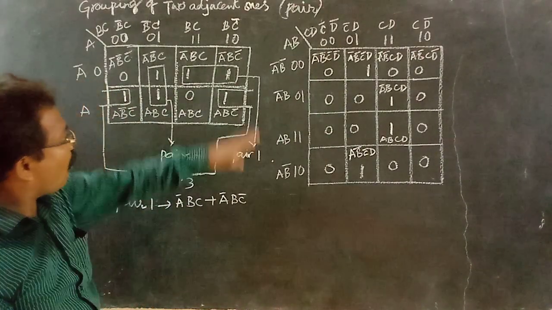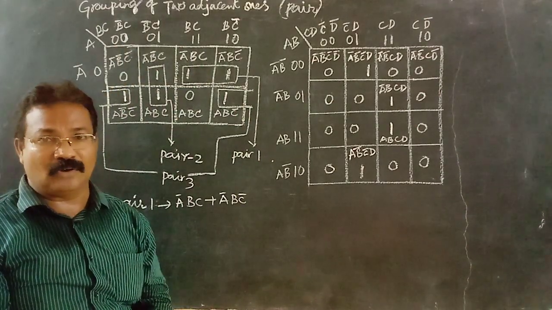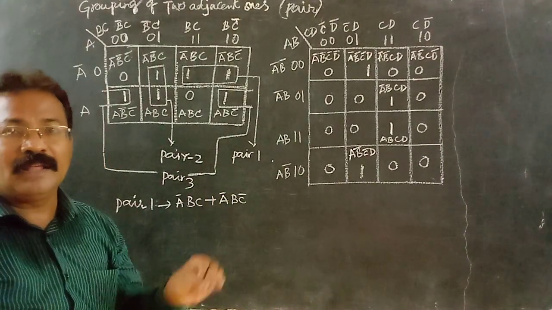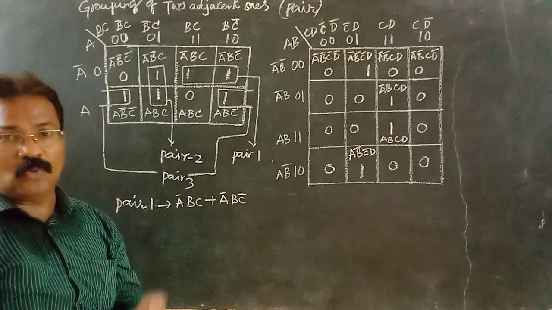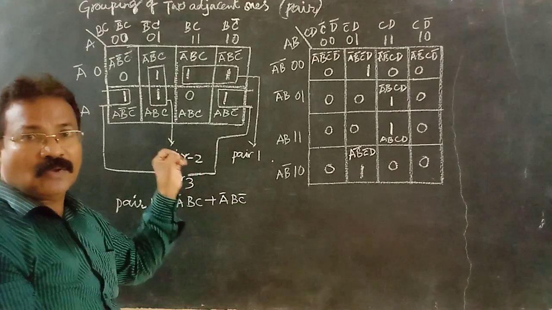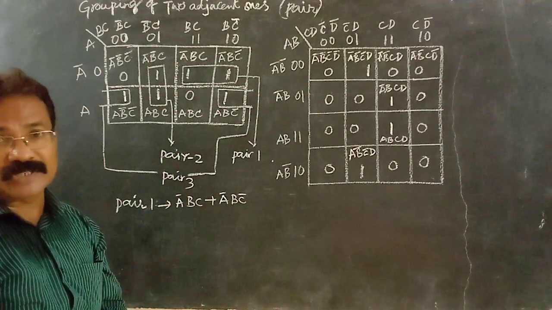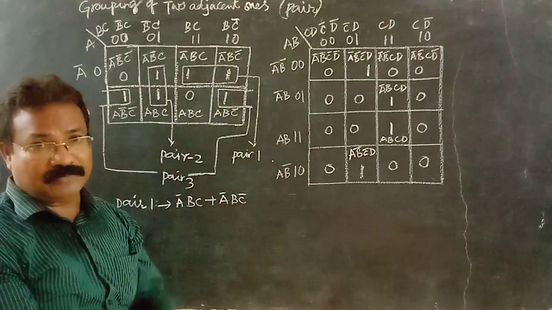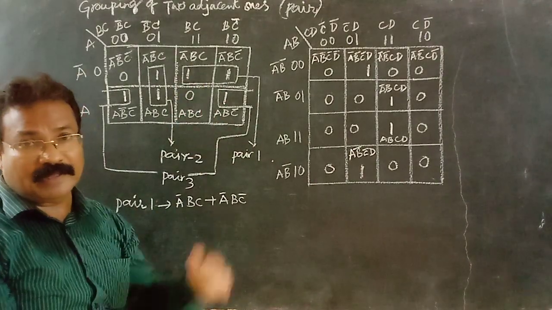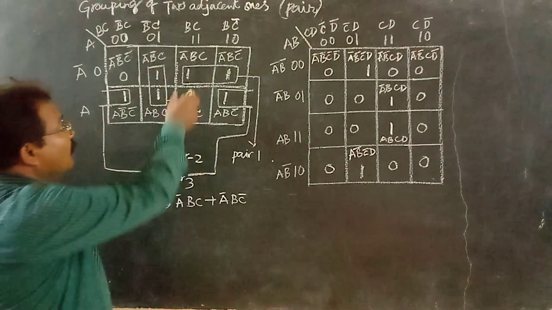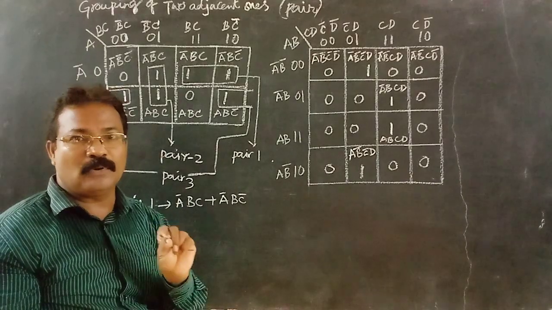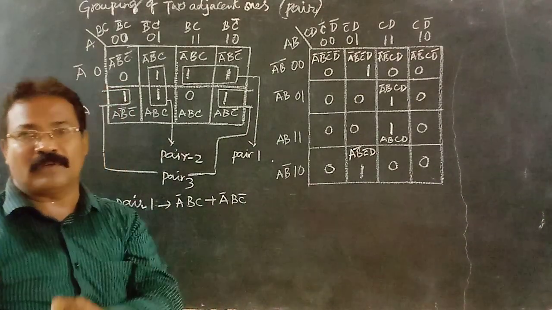Because all this arrangement of minterms in K-map is similar to the Gray code format, only one variable or one bit of information will change from cell to cell. Only one bit will change from one cell to the next adjacent cell. Hence the two variables are common and only one variable is different. One is normal and the other one is its complement.